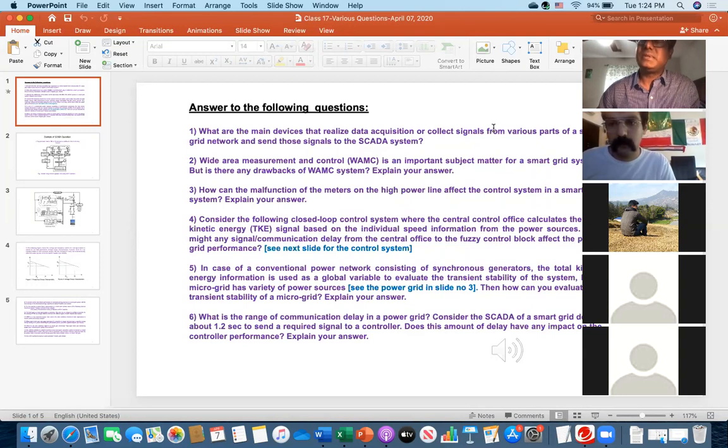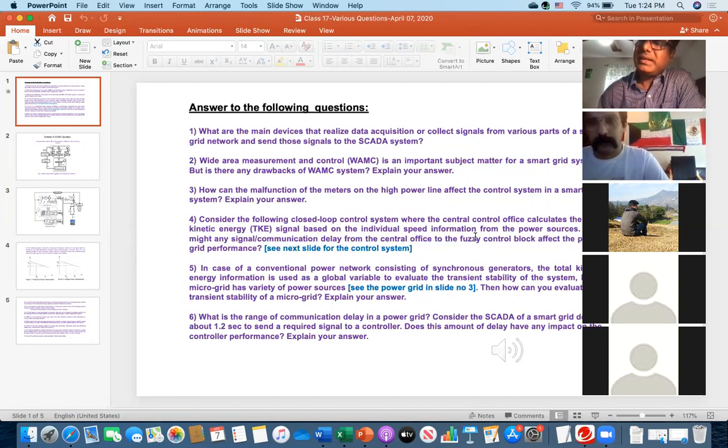Excuse me, sir. Sir, what do you mean by speed signal? Is it a voltage or current or something else? No. Speed signal means the speed of the rotor. Okay, only the speed of the rotor. Yeah. Because in the previous question number 4, the issue was calculating kinetic energy, which is half mv square.